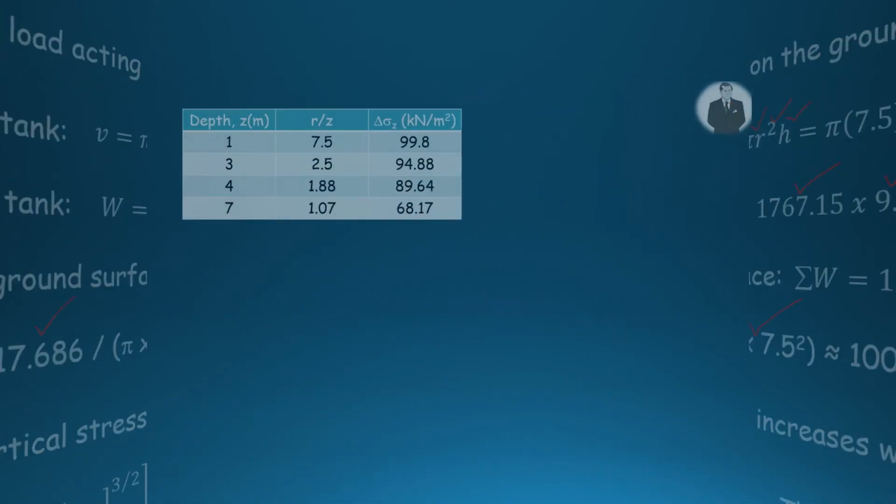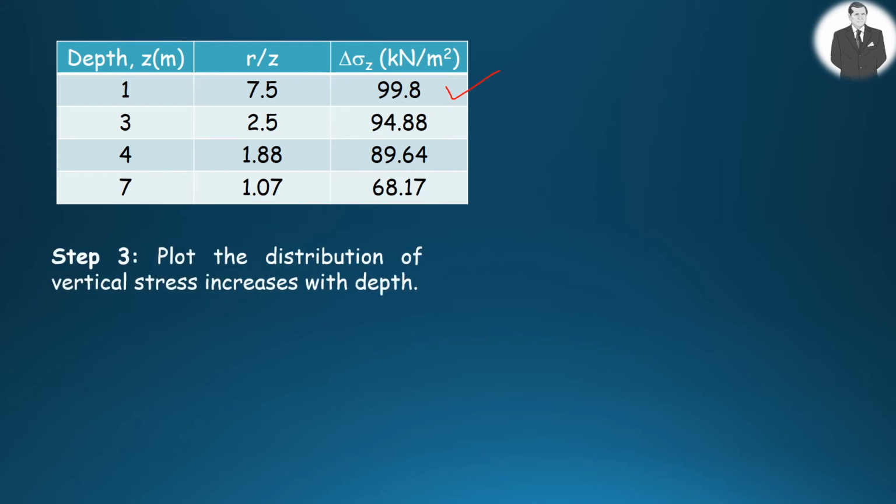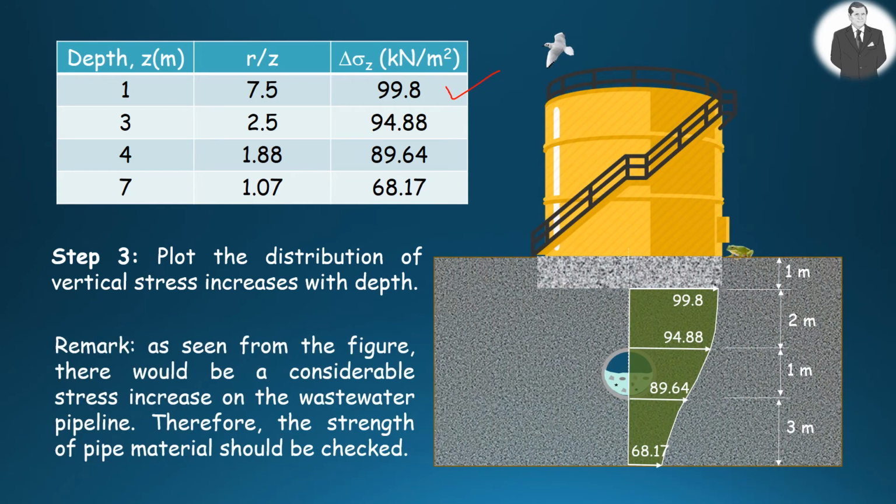After tabulating the results as shown here, the final step is to draw the distribution of vertical stress increase with depth. As you see from the figure, there would be a sizable stress increase on the pipeline. So the strength of the pipe material should be checked to see if it is sufficient or not.